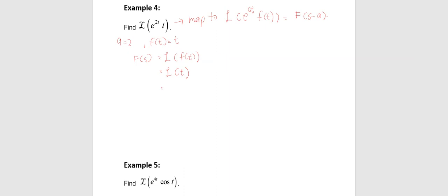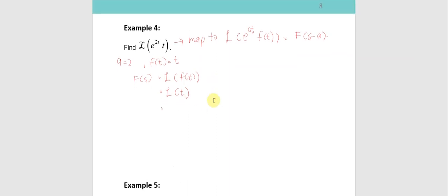So for the Laplace transformation of t, you go back to the table in page 5. For a function of t to the power of n, the Laplace transform of the function is n factorial over s to the power of n plus 1.